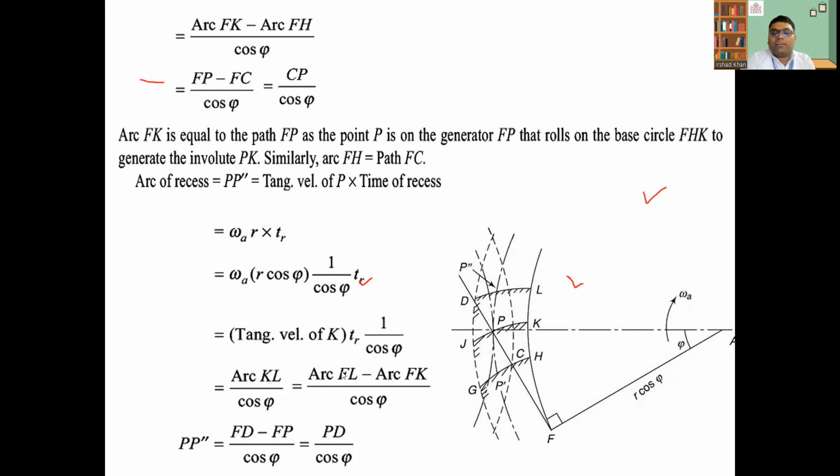Here we can also write that KL is equal to arc FL minus arc FK. Similar concept to what we applied here.